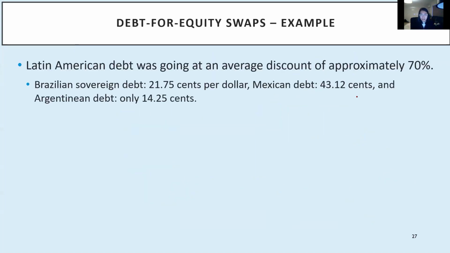So it was a very popular thing to do after the Latin American crisis. Now, for example, in Brazil, the Brazilian sovereign debt was discounted at 21% per dollar. Mexican debt 43%. Argentine debt was 14.25%, right?